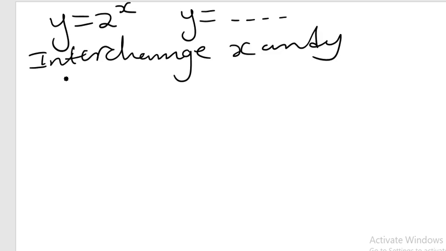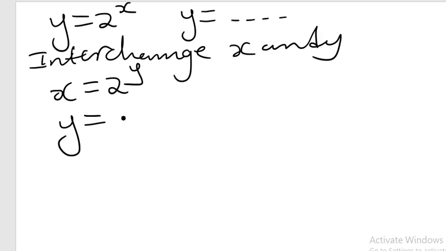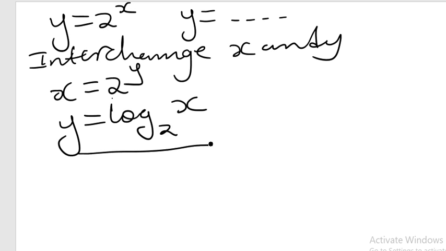So when we do that, we get x is equal to 2 to the power of y. Now we apply the logs. After applying the logs, we have y is equal to log of x base 2. All right, so this is what we have. We have answered question 1.4.